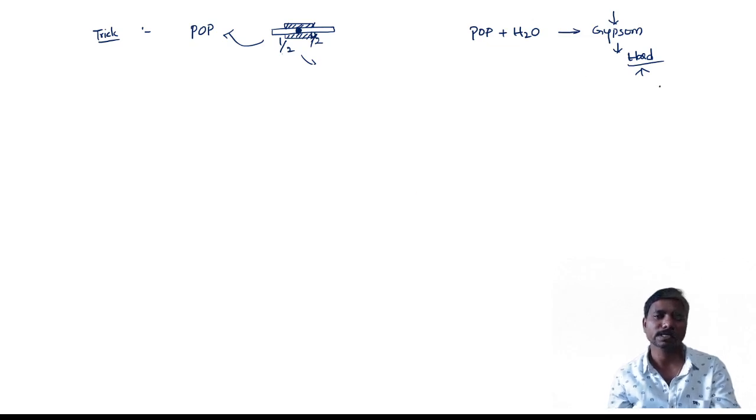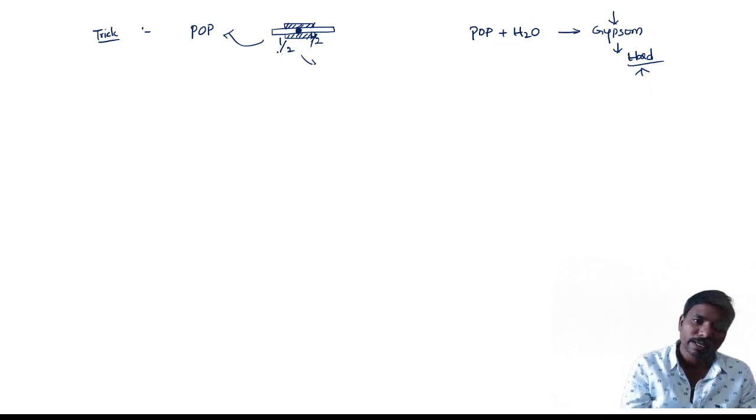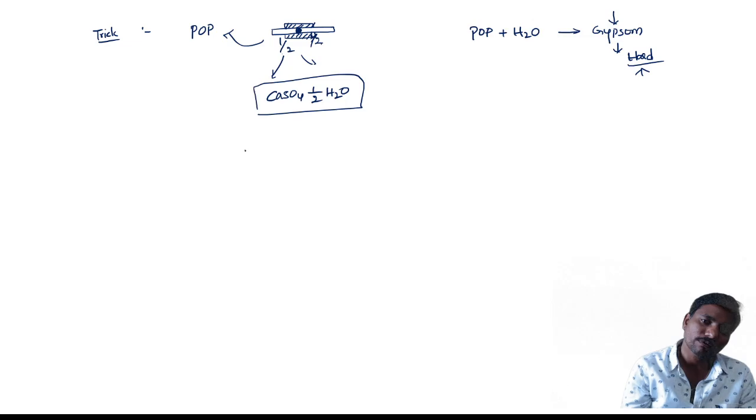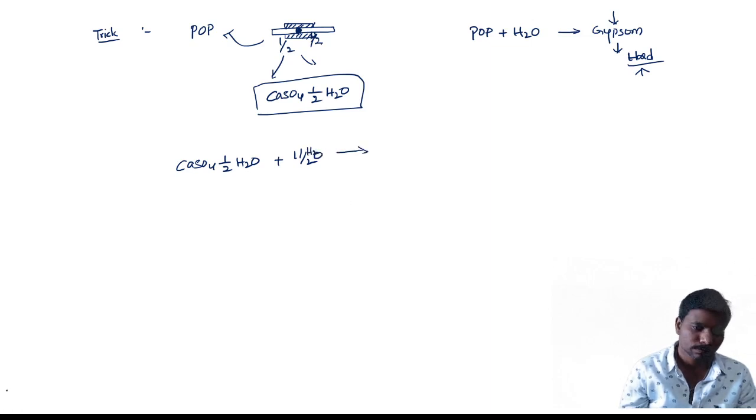So whenever a bone is half and half, we use the POP, which is CaSO4 half H2O.